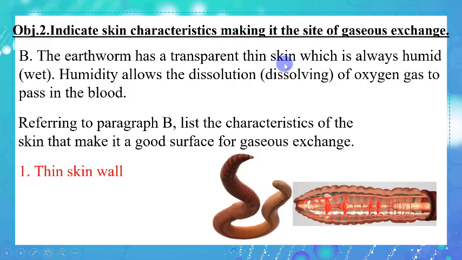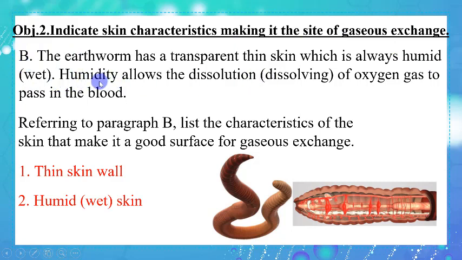The skin of the earthworm is thin, which means it has a very thin layer of cells which allow gases to pass through, and it is always humid or wet. It is humid. This is the second characteristic.